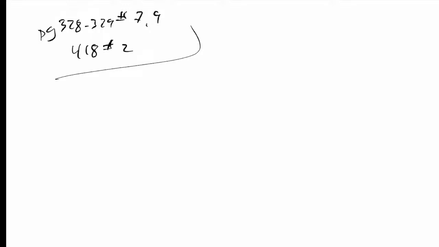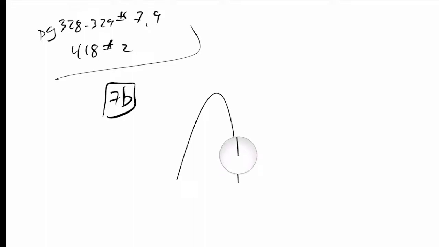So for 7, they're all kind of the same. You guys can look at 7b yourself. Roughly what's going on is they give you a quadratic for 7b, and you kind of got to read it off the graph.